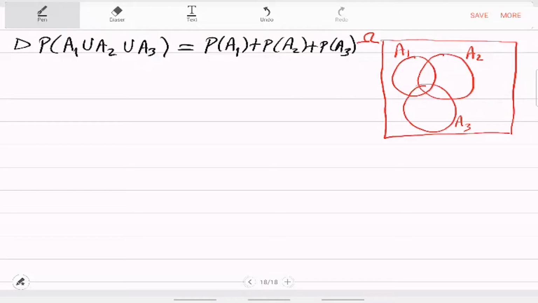This will be true if A1, A2, A3 were completely mutually disjoint. But since they are overlapping in general, you have to now subtract the double counting. So, what are the double counts? It is for A1 and A2, it is for A1, A3, it is for A2, A3.